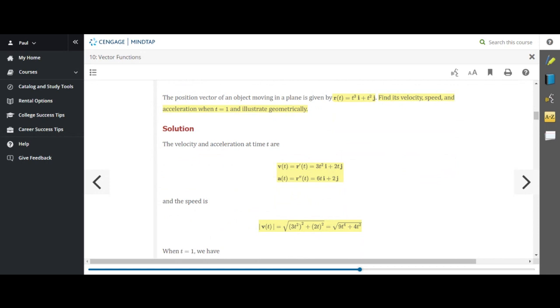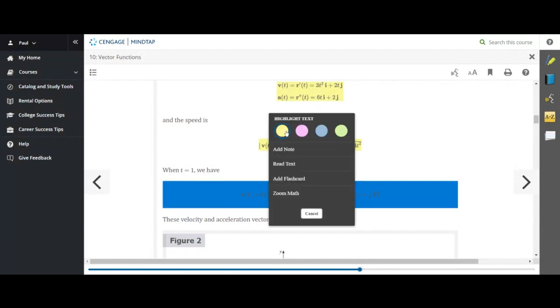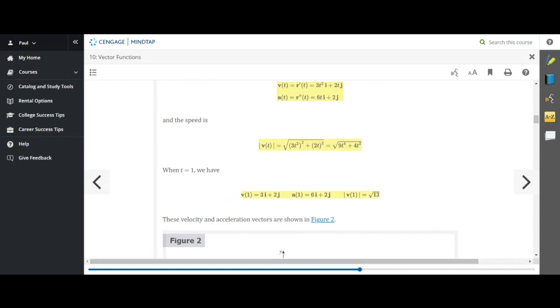And they want you to evaluate the velocity, speed, and acceleration vectors when t equals 1. So when t equals 1, this is what we end up getting. We just substitute t equals 1 into those vectors. And of course, the speed is root 13.